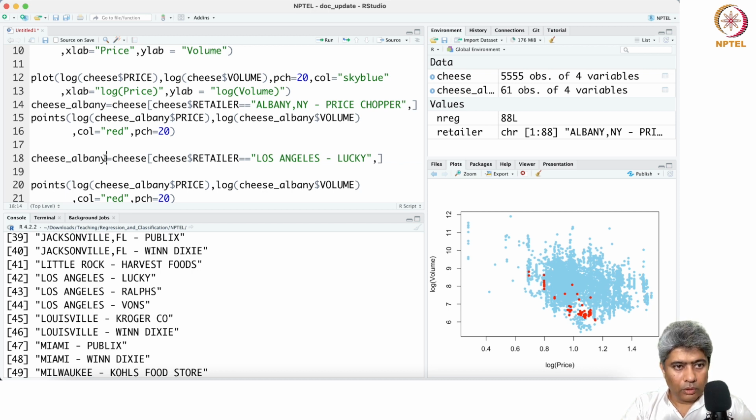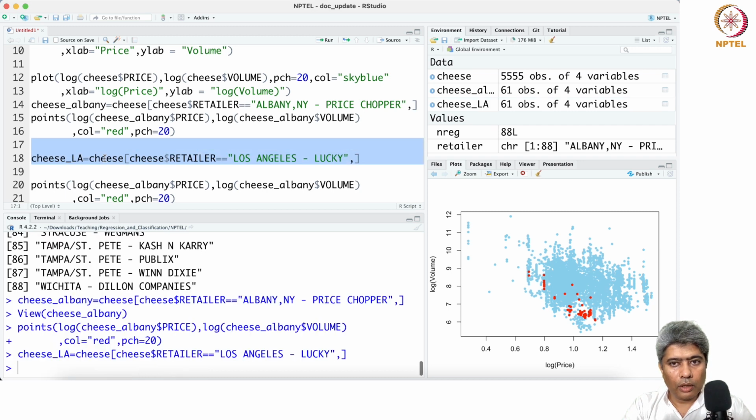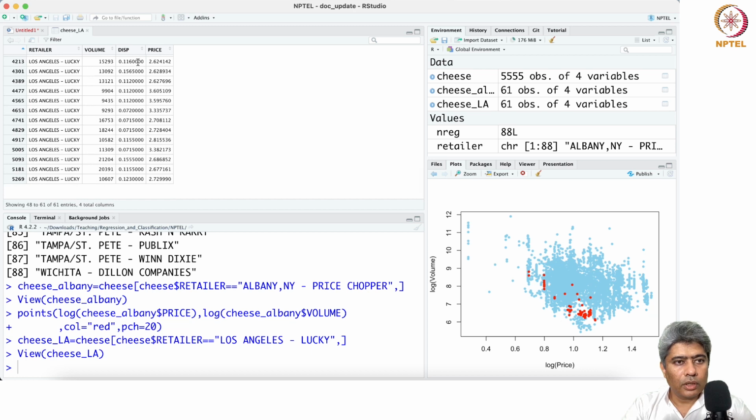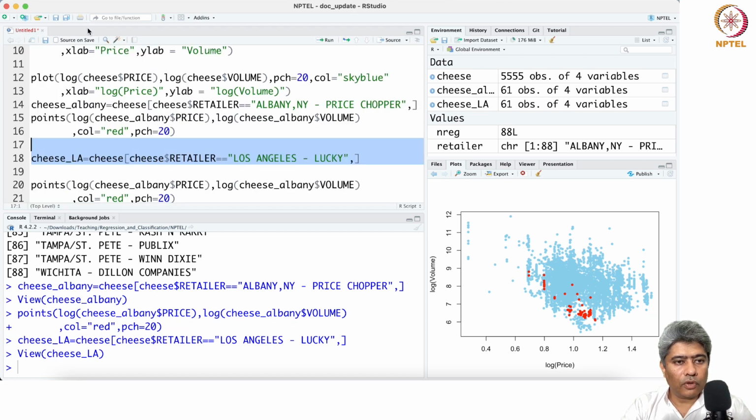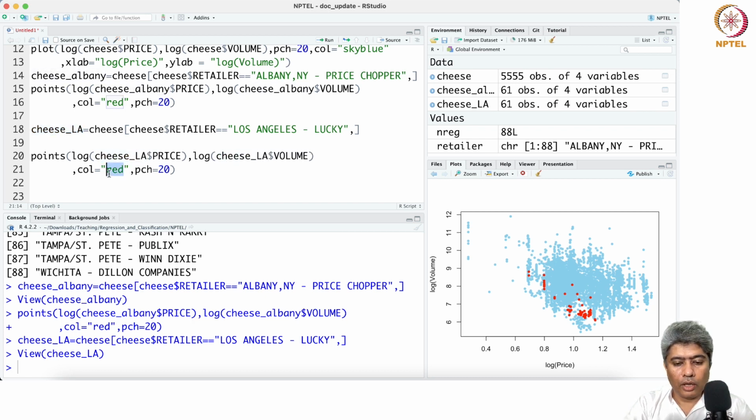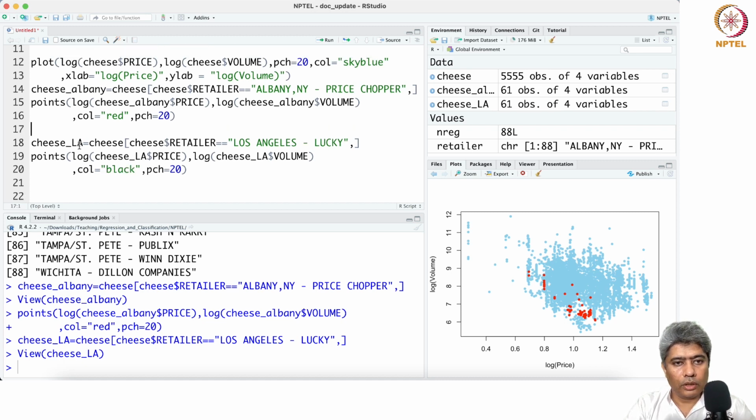Cheese LA. Now if you see, it also has 61 observations of volume, and these are the price and volumes. Now instead of cheese Albany in red, I'll use black, right?